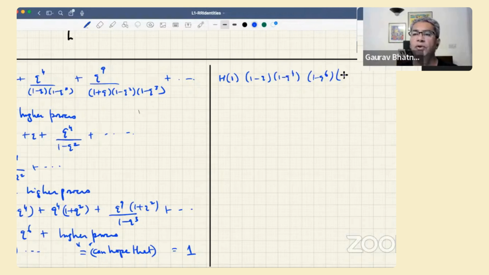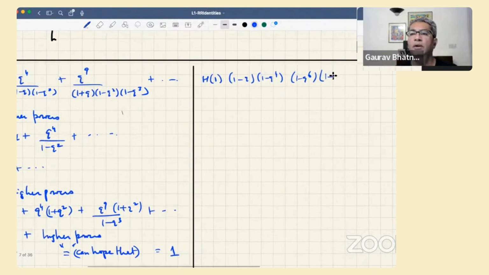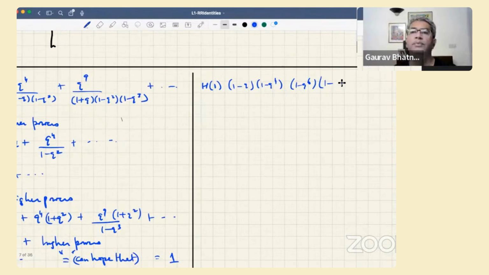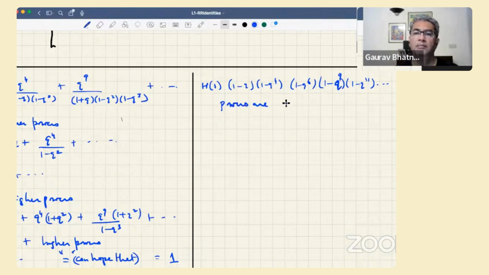And if you keep going on, you will get 1 minus q to the 9, then 11. And so these terms, the powers are 1 and 4 mod 5. That means remainders of these powers are 1 and 4 when you divide by 5. So we can hope that h1 is equal to 1 over this guy.